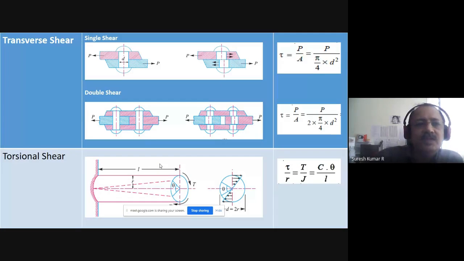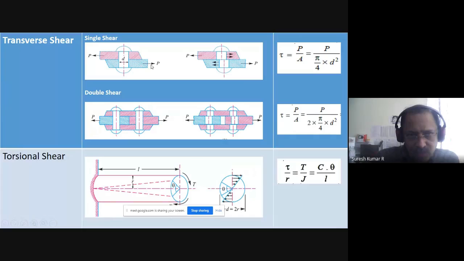The second set of stresses we call shear stresses, which are parallel to the surface. If two equal and opposite tangential forces are applied, then we call it transverse shear. If you observe, there is a rivet here.